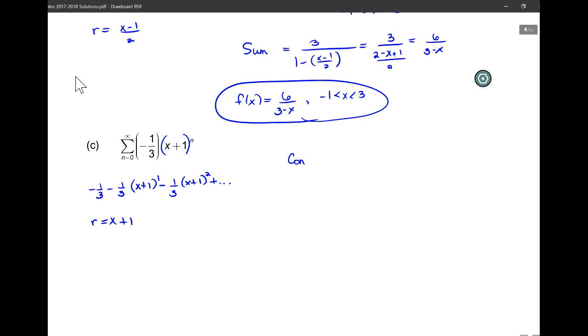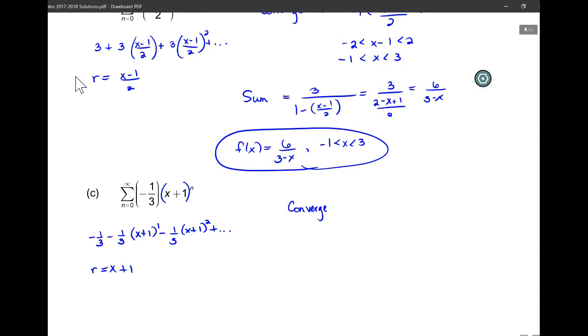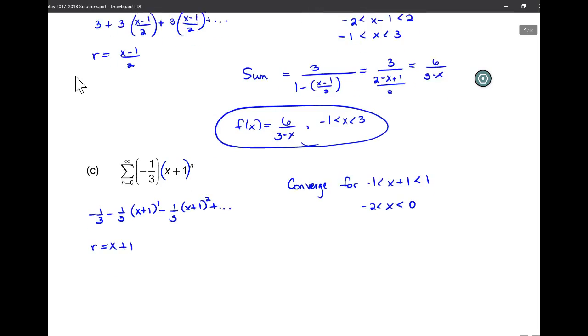So this is going to converge for x plus 1 less than 1 and greater than -1, so -2 to 0.